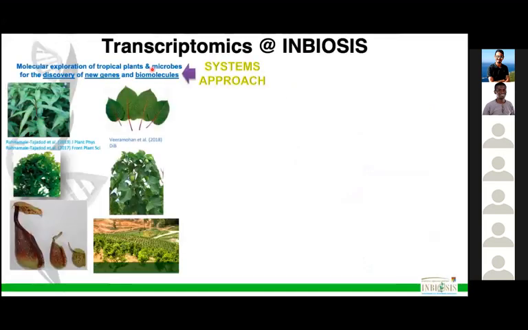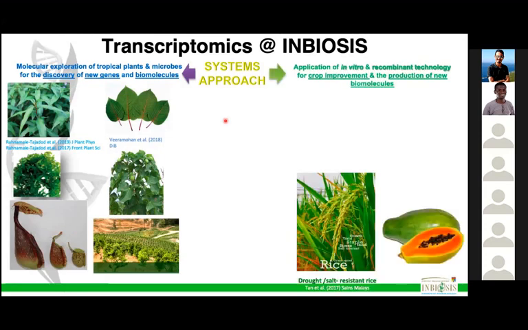We use a systems approach for biomolecule discovery of plants, including the carnivorous pitcher plant that I work on. Then you have agarwood for the premium resin, and Jatropha for biofuel, and then we have kratom and also kesum, our local herb with 60% flavonoid, which is famous in the local cuisine.